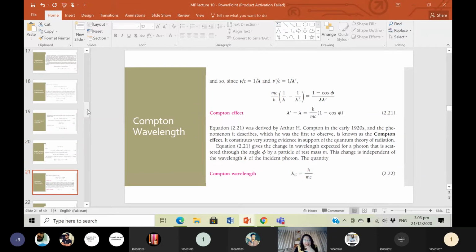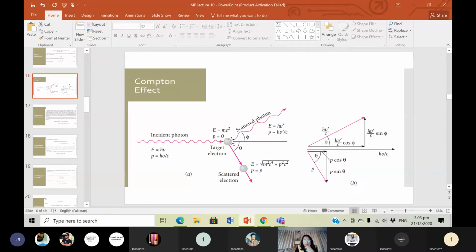Due to the scattering, they will lose some energy. If the original energy was E equals h nu, then it will lose some energy, and its frequency is going to decrease. Its final energy will be E equals h nu dash.